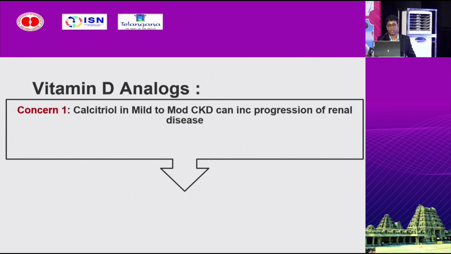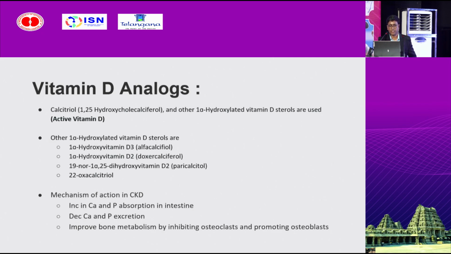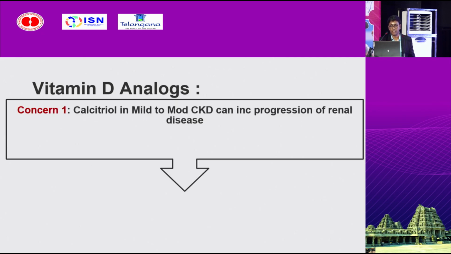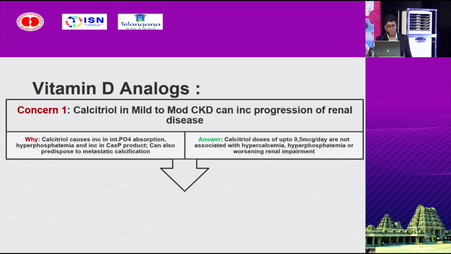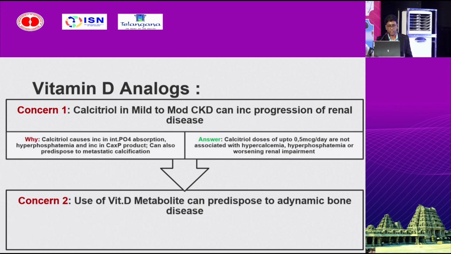Vitamin D analogs. We know that calcitriol is there, and what are the concerns we have when using vitamin D analogs? In mild to moderate CKD, it can increase the progression of disease. Calcitriol causes increased phosphate absorption, hyperphosphatemia, and increased calcium-phosphate product. Calcitriol doses up to 0.5 microgram are not associated with hypercalcemia. What is the concern?